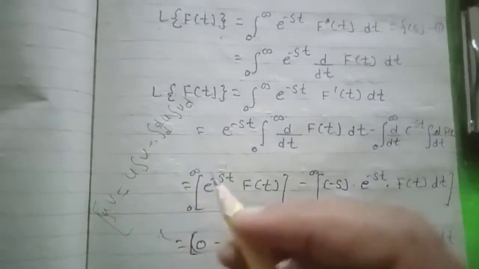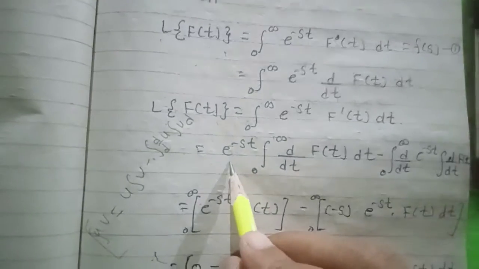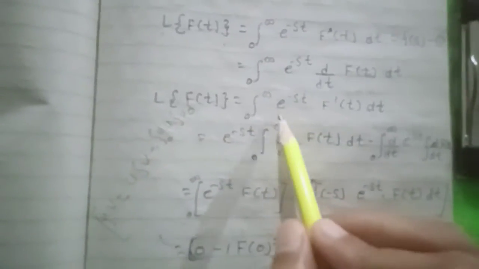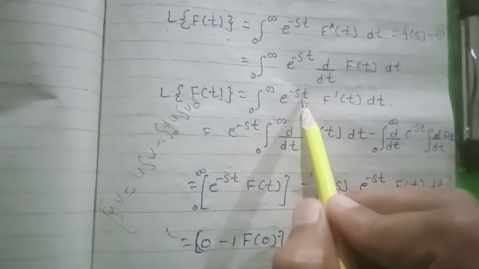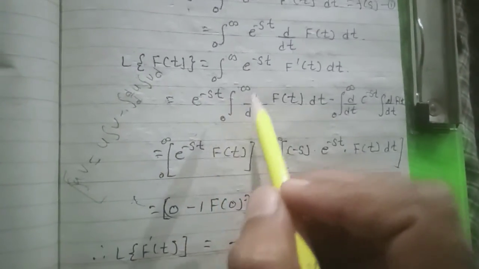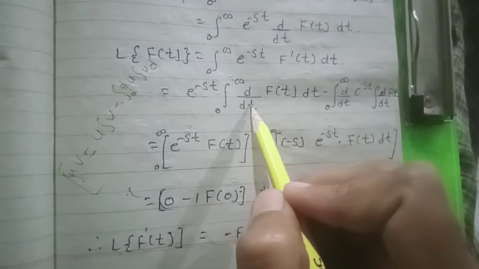This is the formula of integration by parts. Here u is e raised to minus st and v is f dash of t. So this is equal to e raised to minus st, integration 0 to infinity, f dash of t.